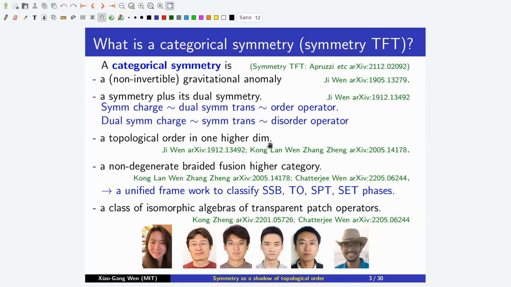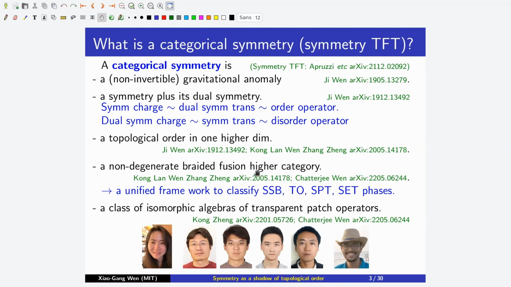Okay. Then the more precise definition of topological order in one higher dimension would be a so-called non-degenerate braided fusion higher category, something scary. But we discussed a little bit about this, how these anyons, braidings, those data form so-called category theory. So this basically is a more precise mathematical description of a topological order in one higher dimension.